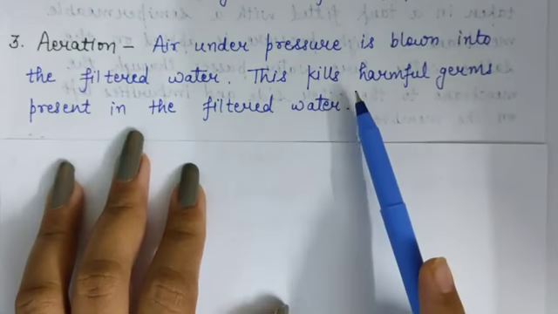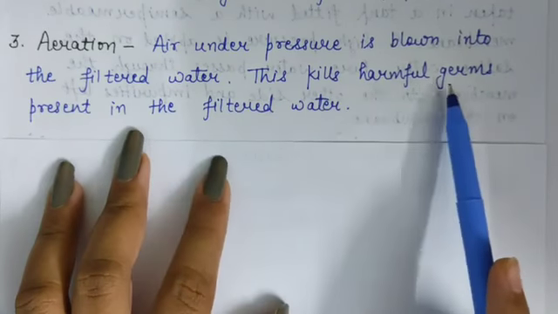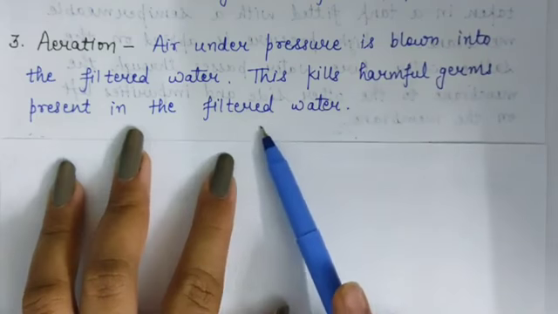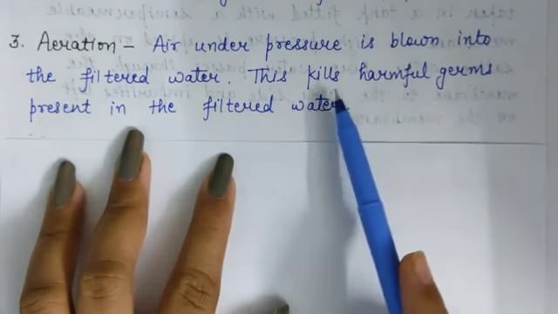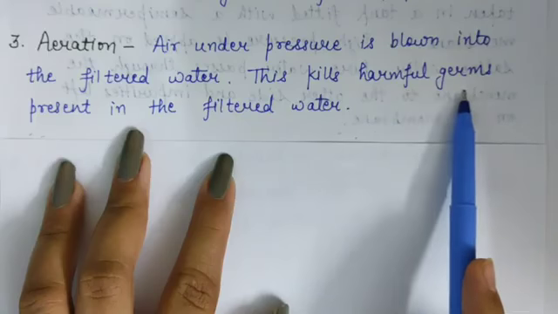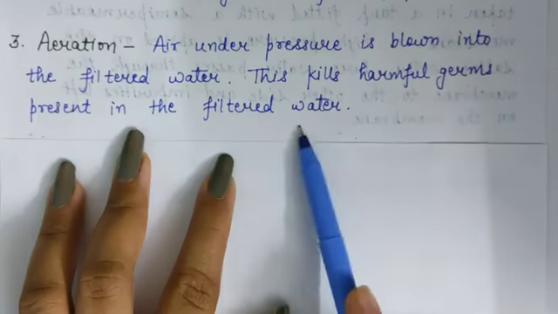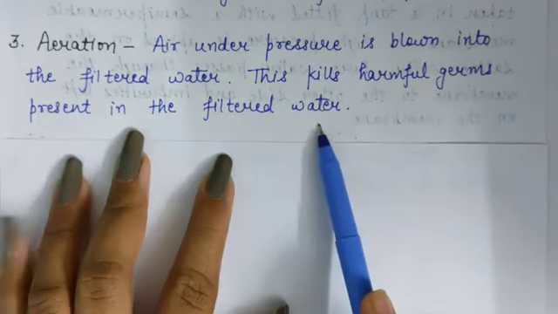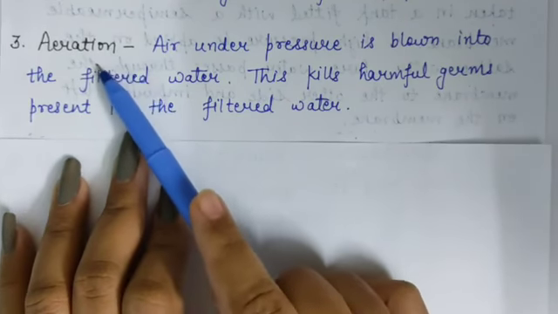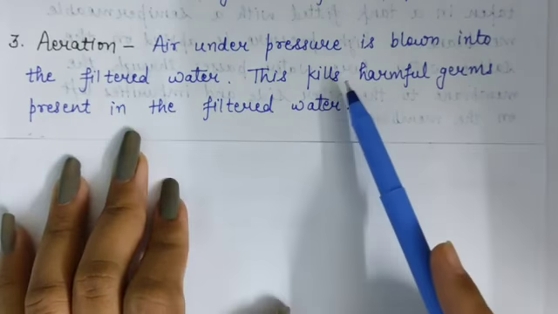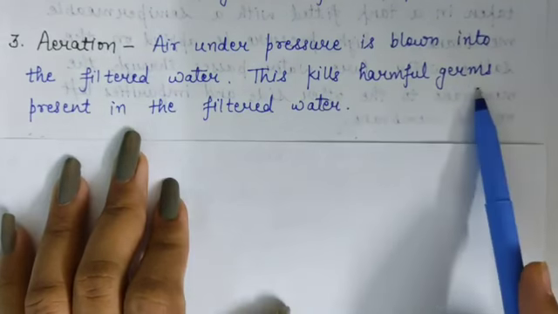Okay, means in this step, the germs that are present in the filtered water are killed. So in this way we can kill harmful germs present in the filtered water. So basically aeration is a technique. Aeration is a method to kill harmful germs.